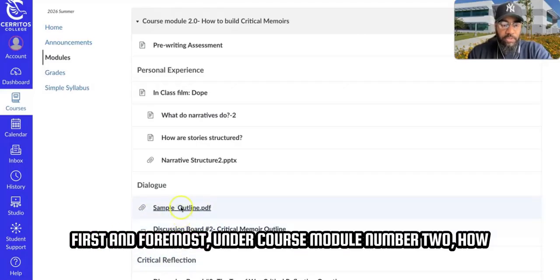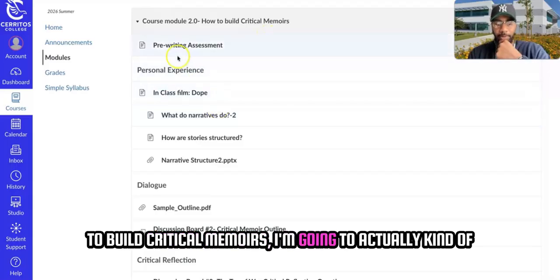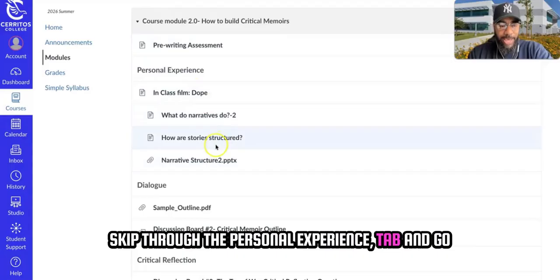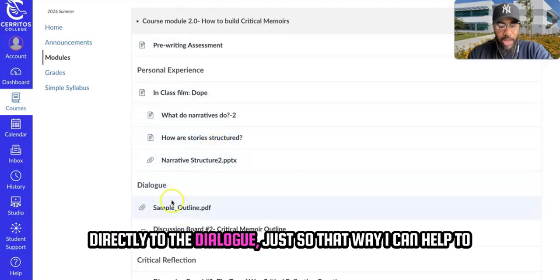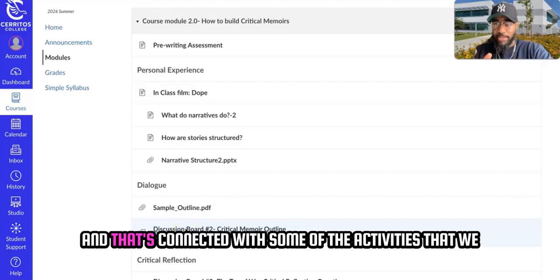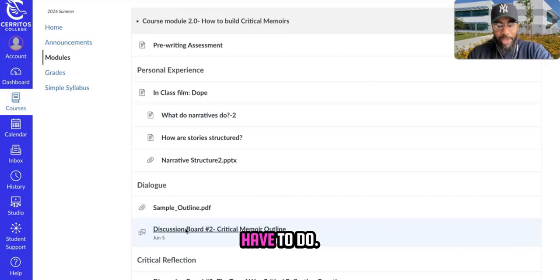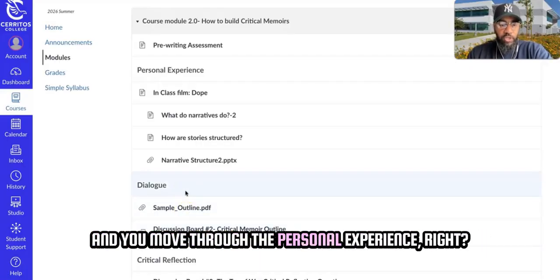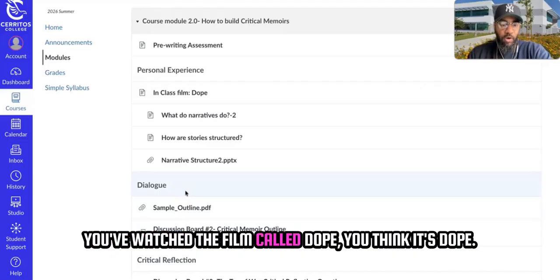First and foremost, under course module number 2, how to build critical memoirs, I'm going to skip through the personal experience tab and go directly to the dialogue, so that I can set this up and introduce it in a way that is grounded and connected with some of the activities that we have to do. As you move through course module number 2 and the personal experience, you've watched the film called Dope.